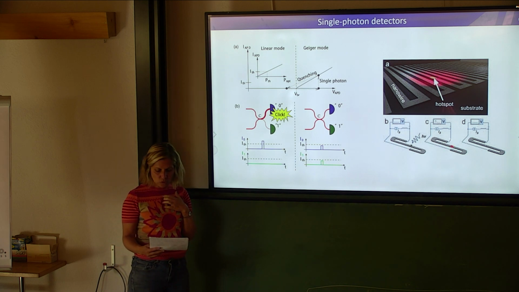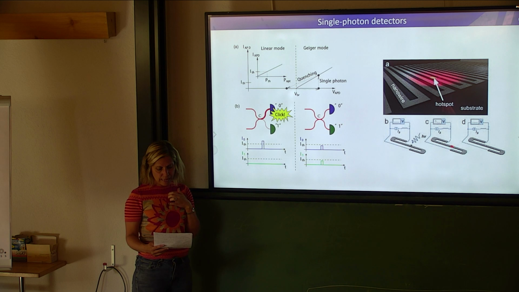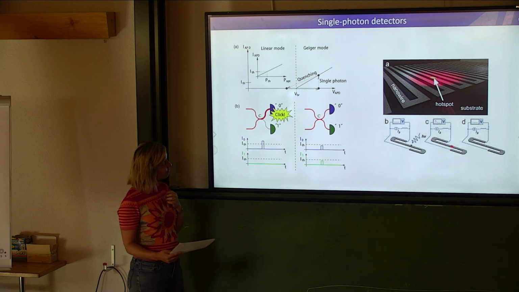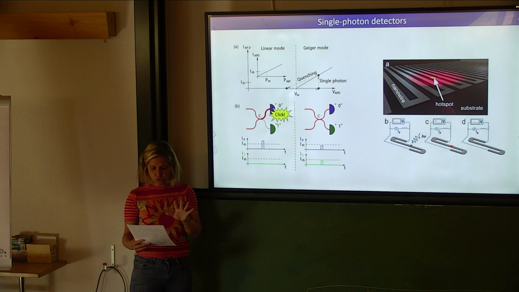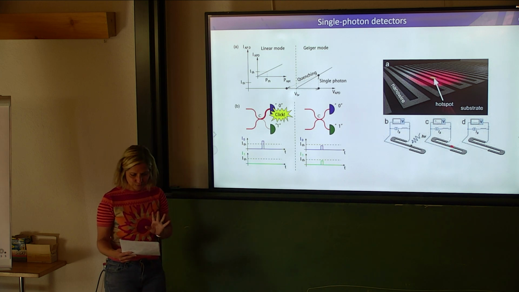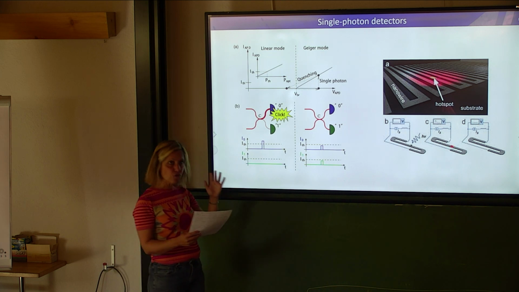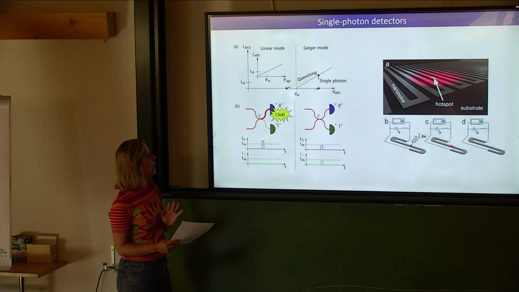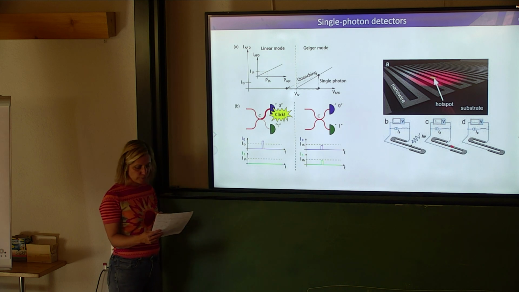So in this so-called blinding attack, what they did is that they performed the usual intercept and resend attack that we said before, but while also injecting strong light into Bob's device.